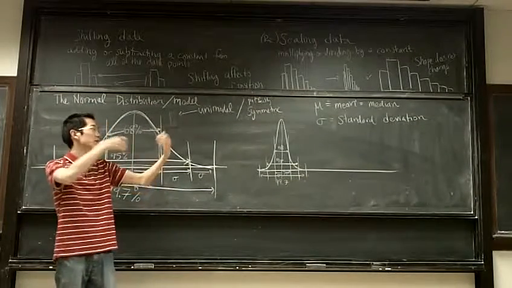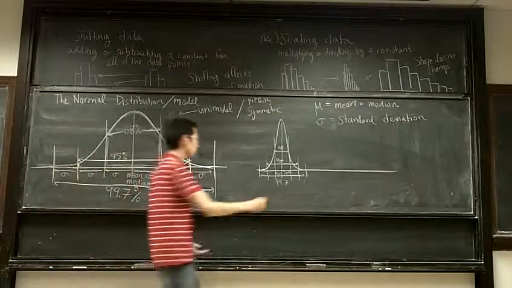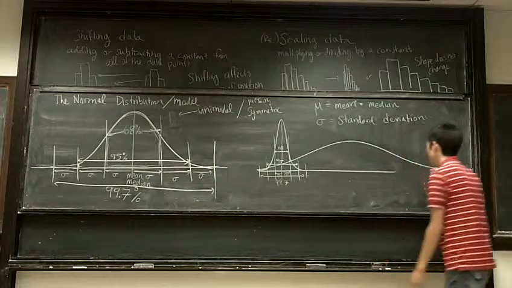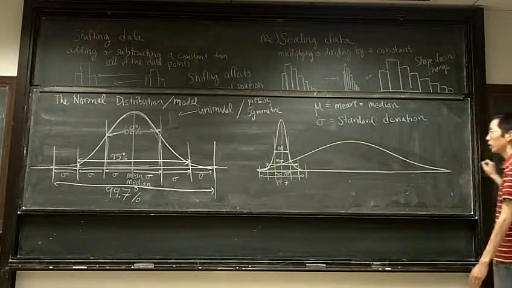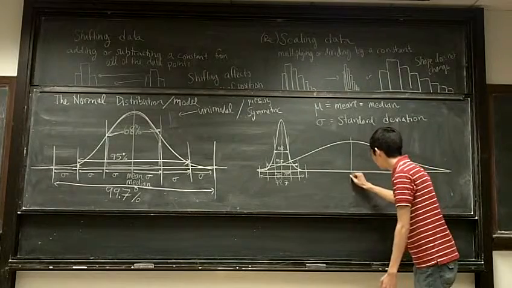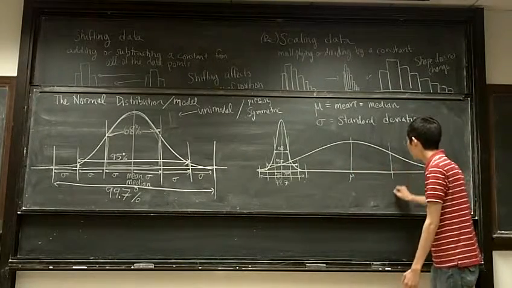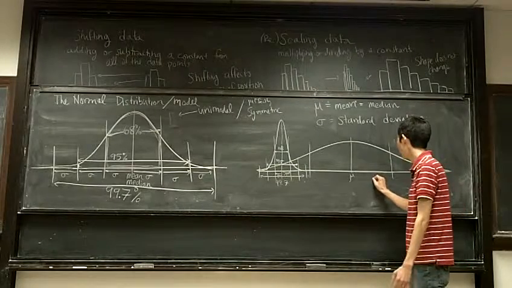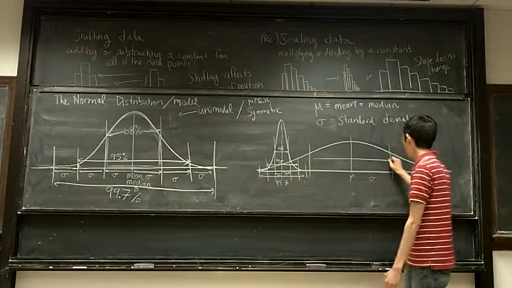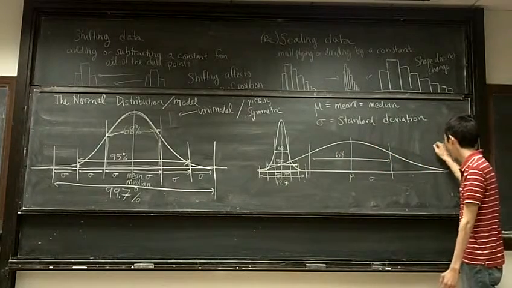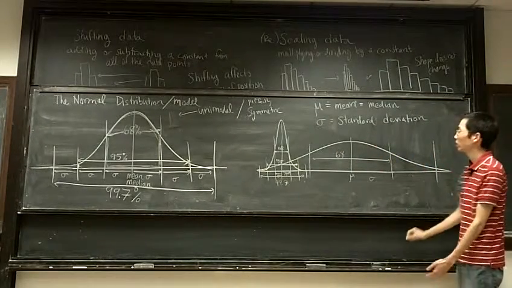And likewise, if we had a very large sigma, this just means our thing is much wider. We're still centered at the mean, and we go out 1 standard deviation. This is going to be still 68% contained within 1 standard deviation, and then we go out 2 standard deviations, 95%.